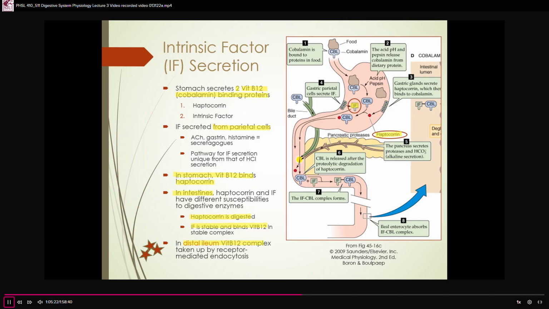And when they see that complex, it binds to those receptors. That drives receptor-mediated endocytosis, and it brings the B12 into the body in that fashion. The other thing that we'll learn when we talk about the intestine is the distal ileum is also a site where we have major reabsorption and uptake of bile acids that have come down through the intestines in bile.